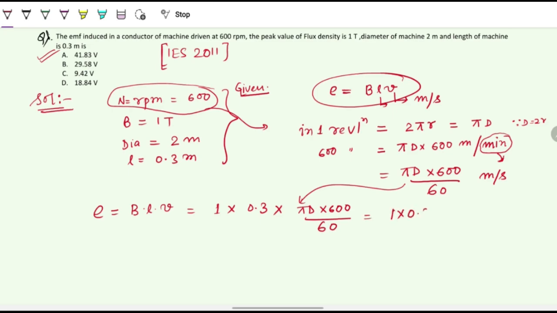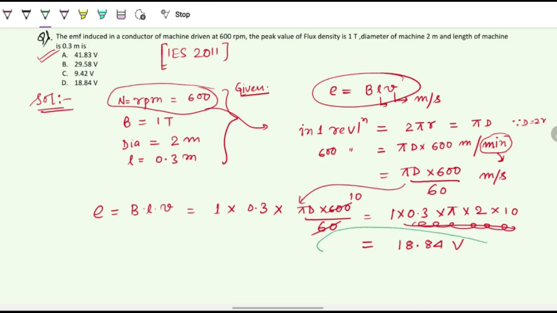So we'll be getting 1 into 0.3 multiplied by pi, and D is 2 meter, multiplied by 10. On simplification, we'll be getting 18.84 volts. So 18.84 volt will be the EMF induced. So the correct option will be D here.